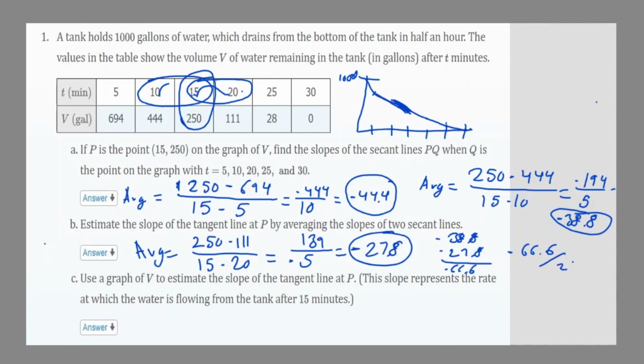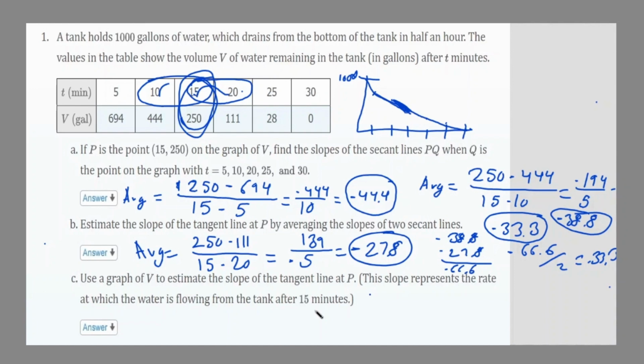Now if we divide it by 2, we get negative 33.3. So negative 33.3, that is the average of the two secant lines nearest to P, which is this coordinate right here. So that would be the answer for B.